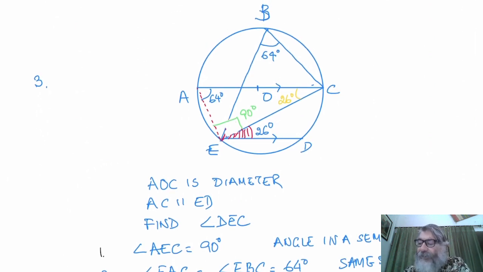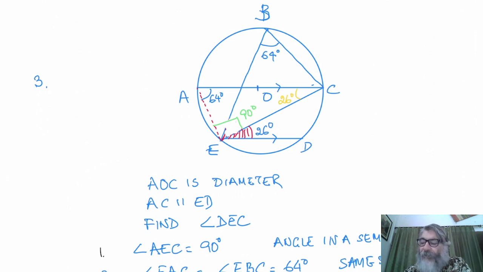You see, EC is one of the chords of the circle. On the same side of EC, two triangles are formed whose vertices are on the circumference of the circle, and those are EAC and EBC. So both these angles will be equal, 64 degrees each.